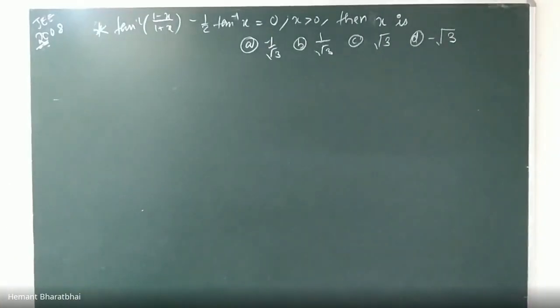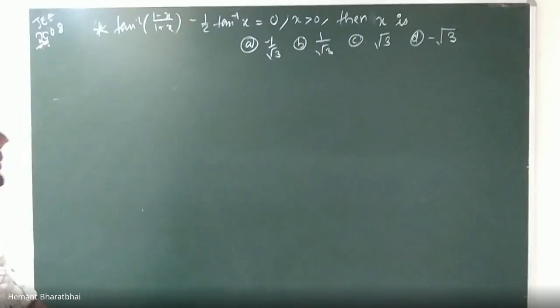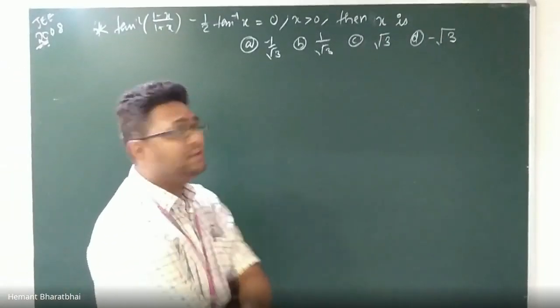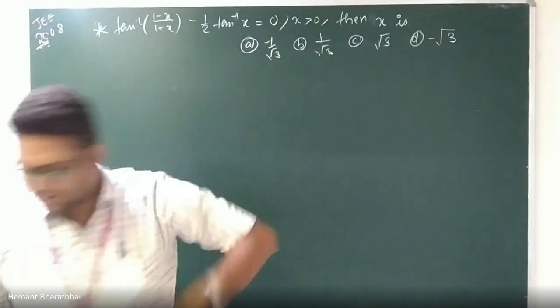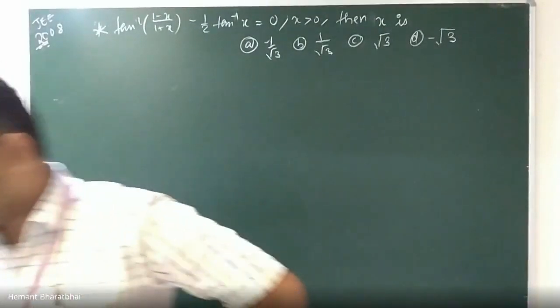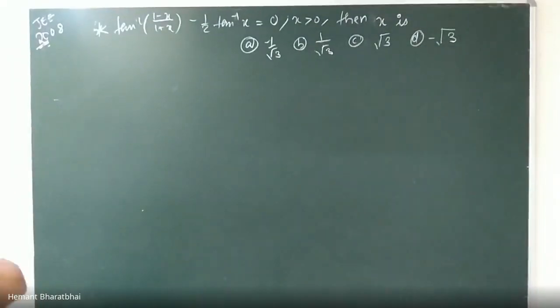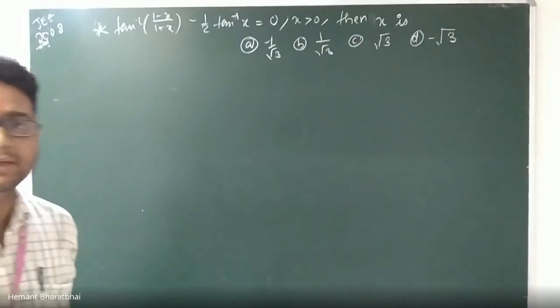Now you cannot directly apply the formula over here, because the formula is for tan inverse of x minus tan inverse of y, and here you have tan inverse of this minus 1 by 2 tan inverse of x. So what can we do over here? Or is there even a need to apply the formula?